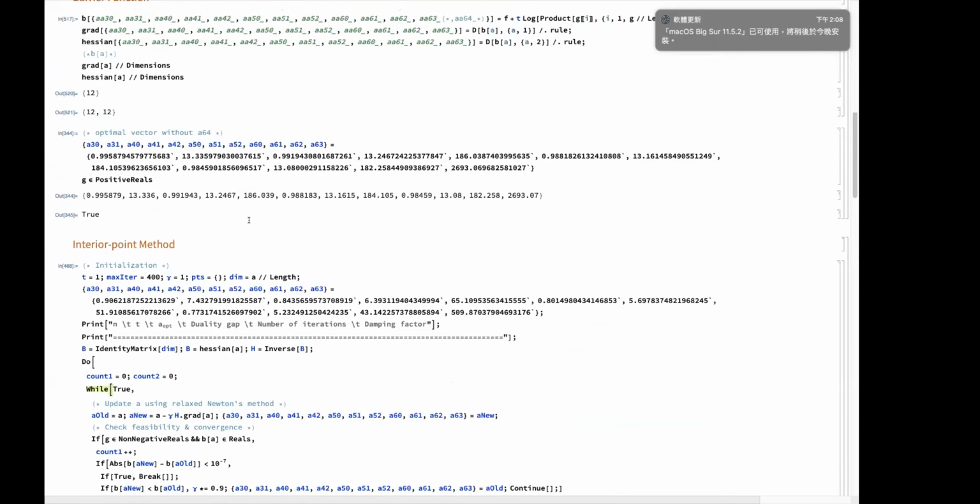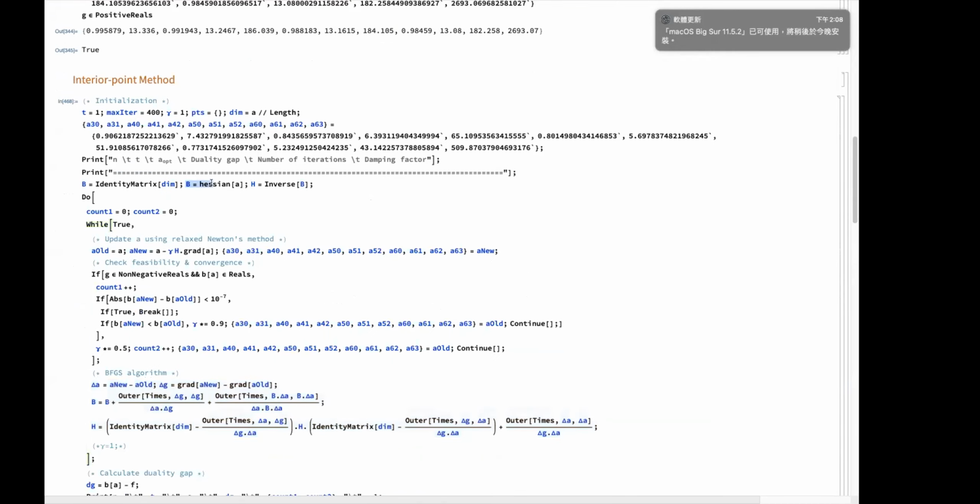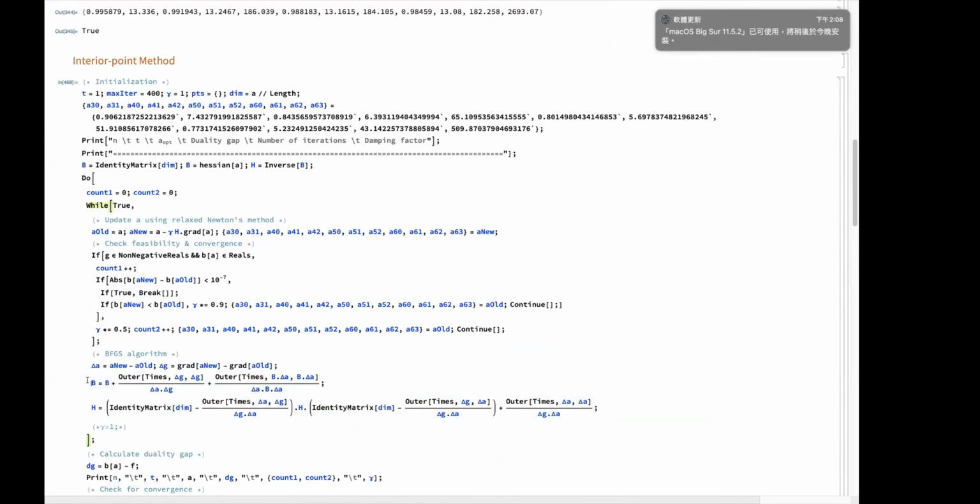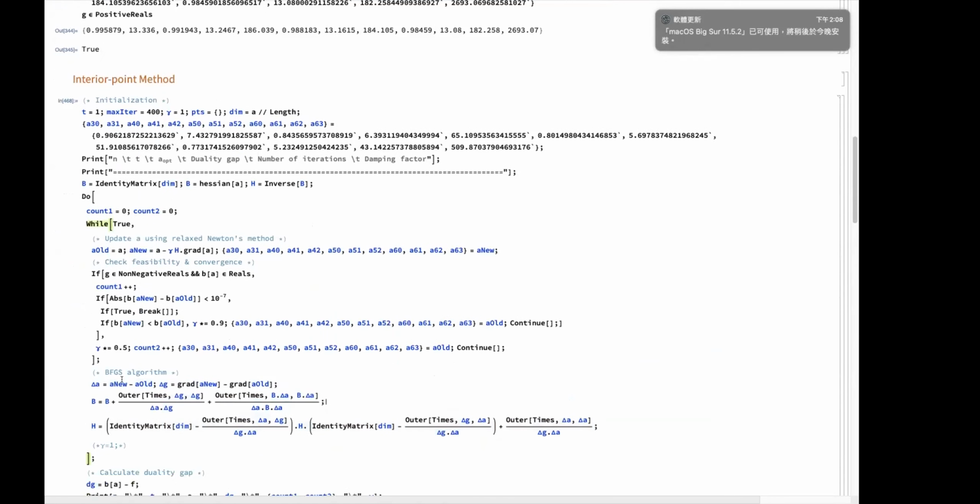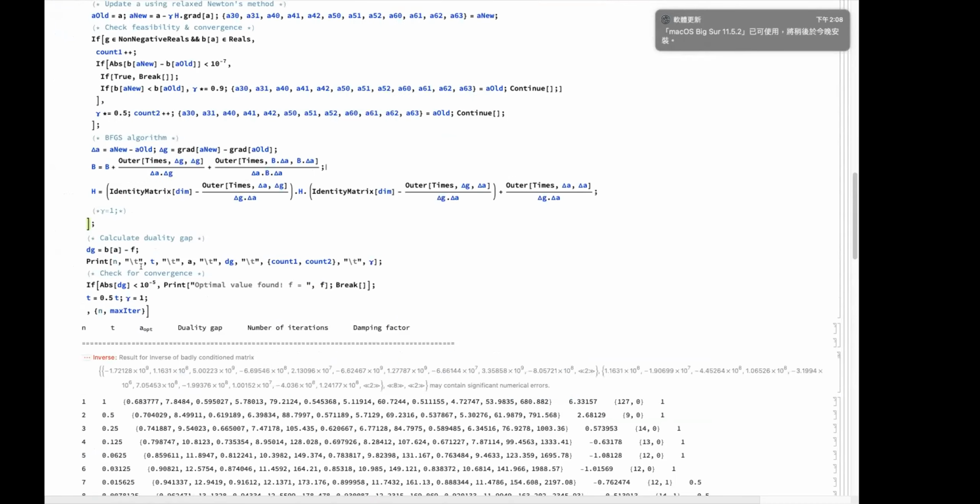It finds an approximation for the Hessian, called B, which is determined by the previous value of B in the last iteration, but it requires knowing the gradient only. So we can calculate using this algorithm, and it's much faster now.